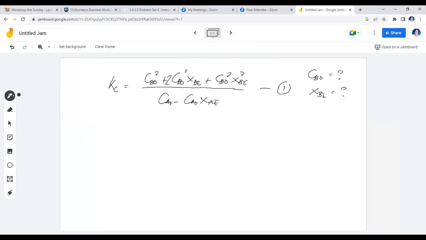What do we do? Okay, so assuming ideal behavior for your gaseous reaction, then we have PV equal to nRT. So we divide this equation by VRT.